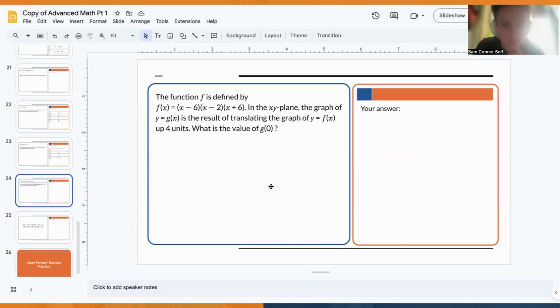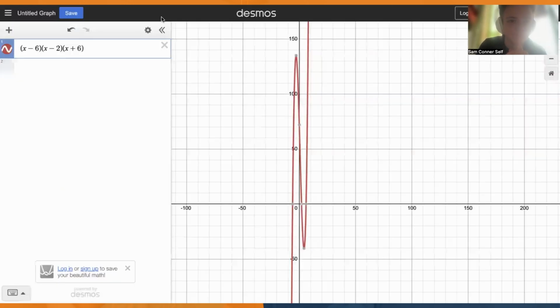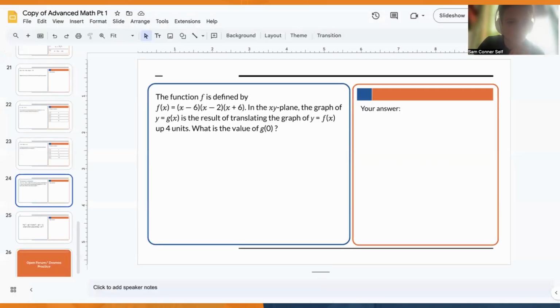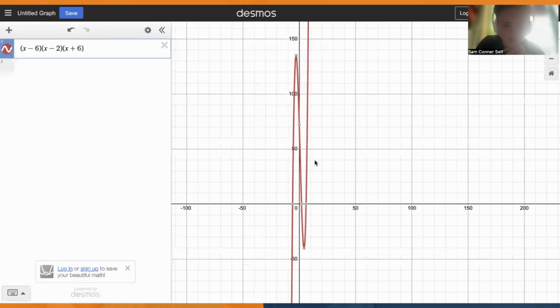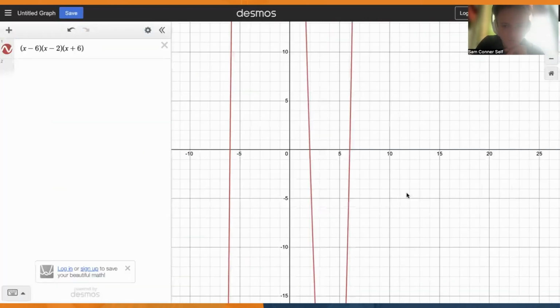So, again, going back to this, looking at this graph, this is the function, and they say that it is translated up 4 units. And then they say that the result is this new function, g of x, and then they ask you what the value is when you plug 0 into this new function. So let's take a look.